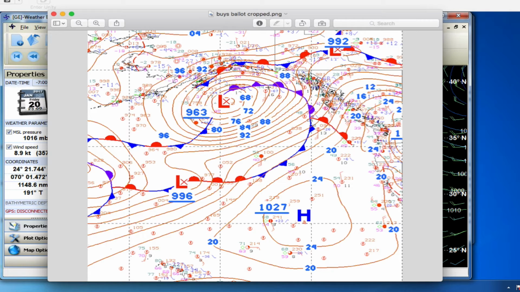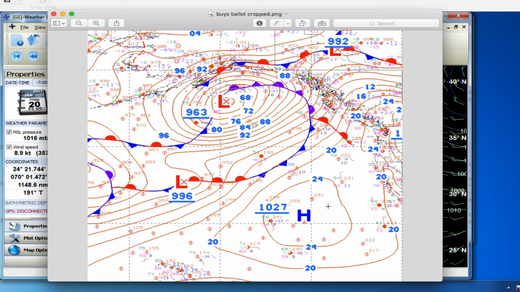That's the angle we're talking about, 20, 30 degrees into the low. So first order the wind is parallel to the isobars, but not strictly parallel. They go into the low.